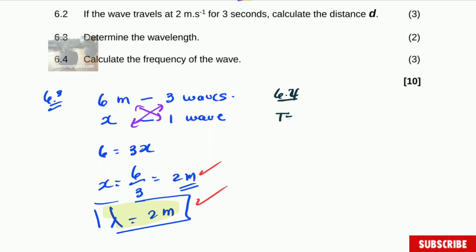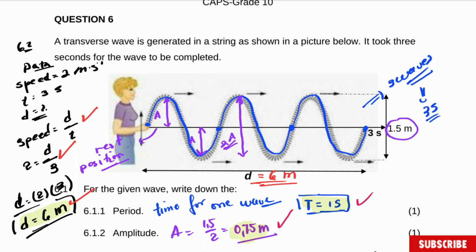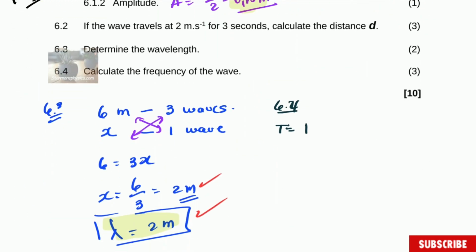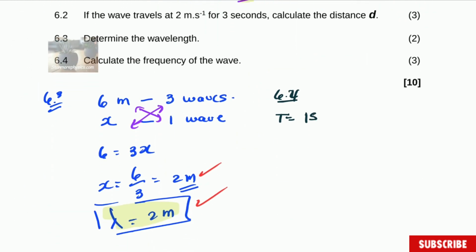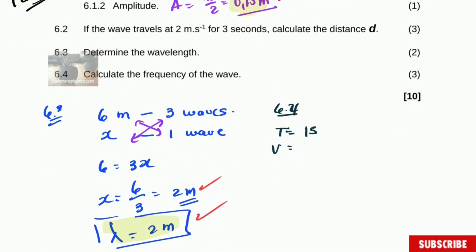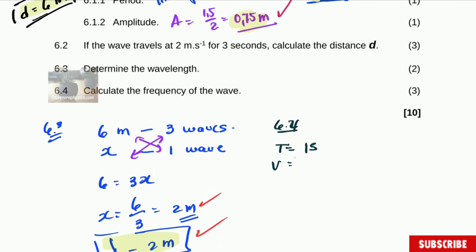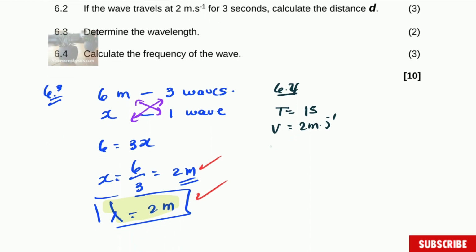We know the period is already calculated, it was 1 second. We also have speed, which was given to us, 2 meters per second. We do have the wavelength, which is equal to 2 meters, and that's it.